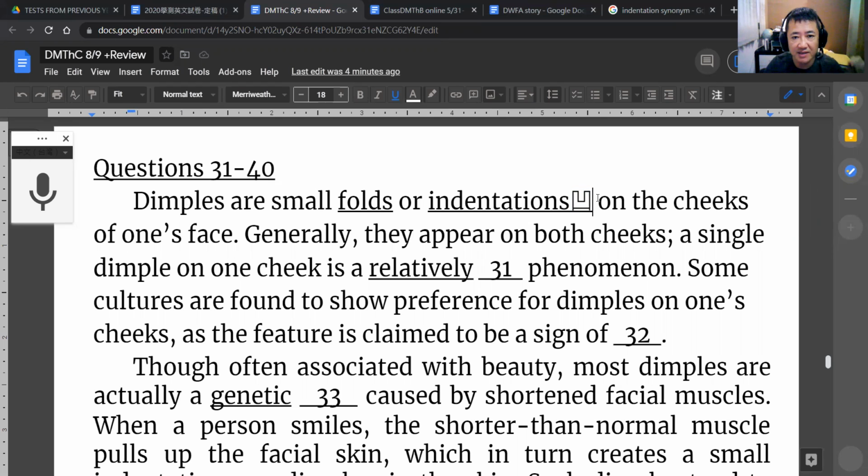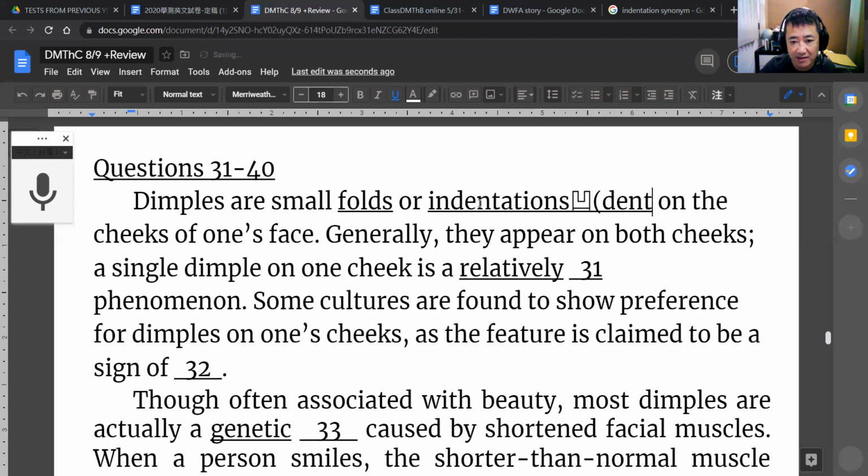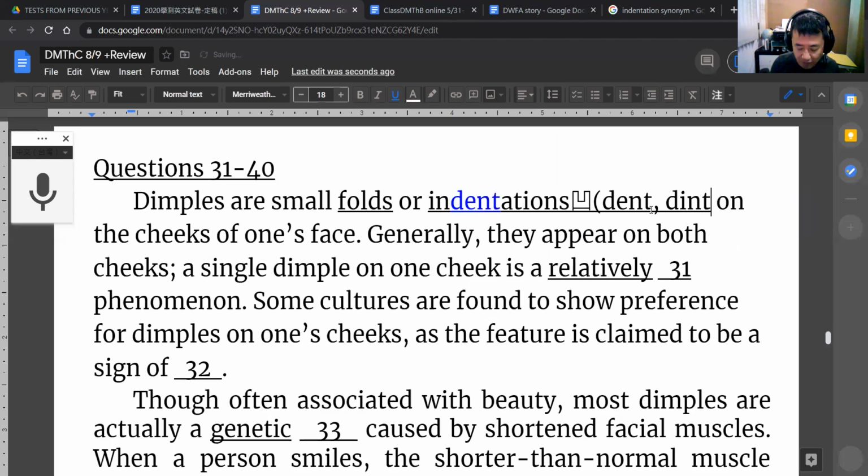There are many words for indentations in English. There is the word that directly comes from indentation, just called a dent. So you could say dent, or maybe dint. That's another word, or crevice. What else? A little cavity, maybe.